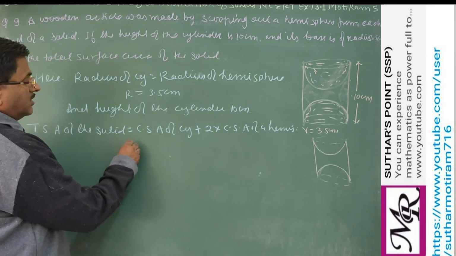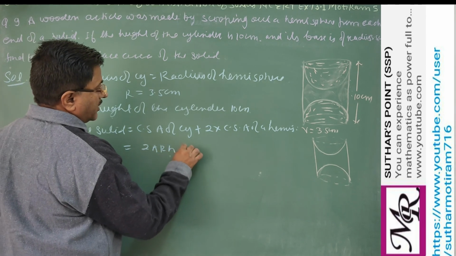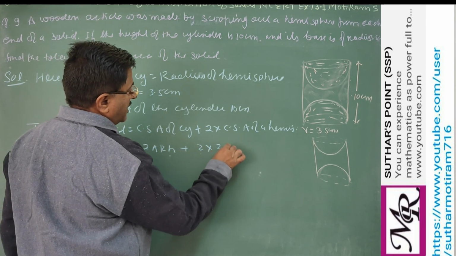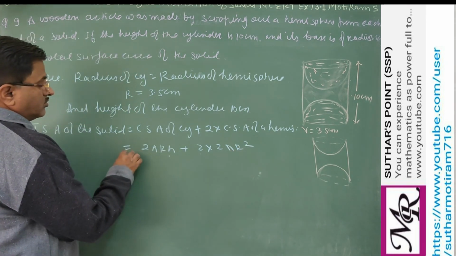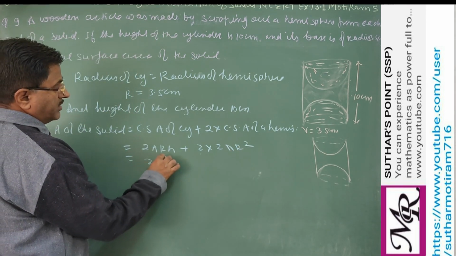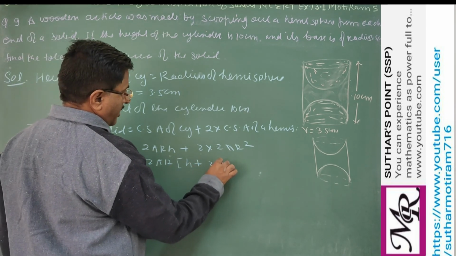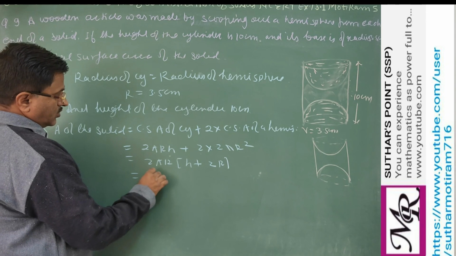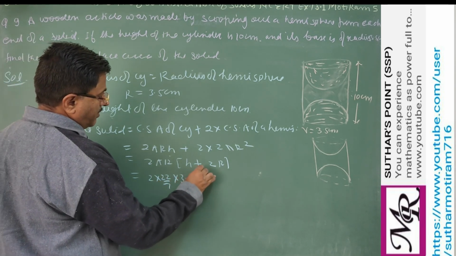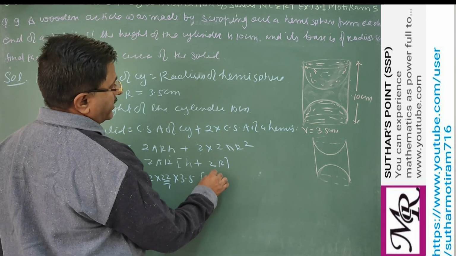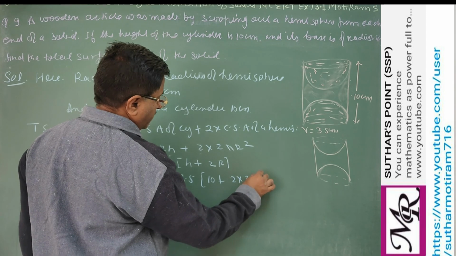So here, curved surface area of the cylinder, as you know, is 2 pi r h, plus 2 into curved surface area of hemisphere, 2 pi r. So you may take 2 pi r common: h plus 2r. Put the values. 2 into 22 by 7, r is 3.5 and h, that is height, 10 plus 2 into 3.5.